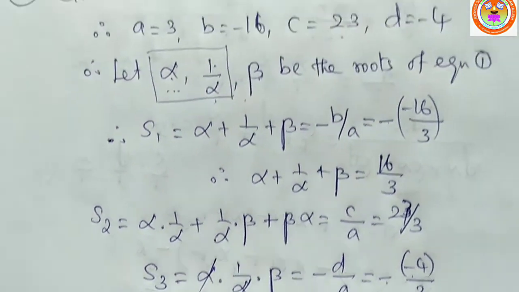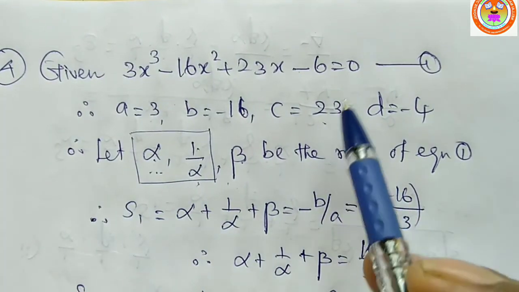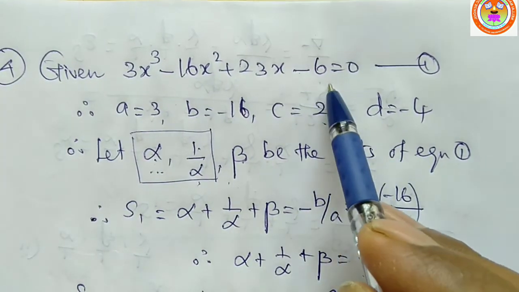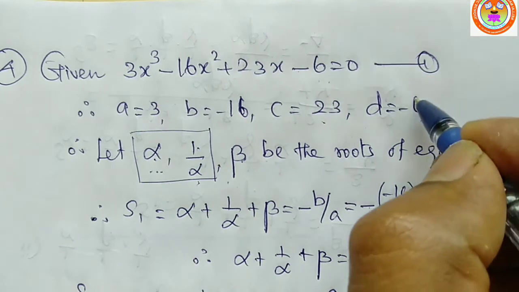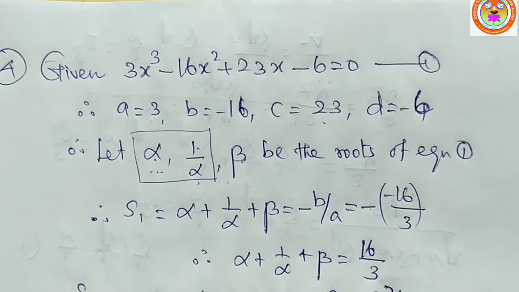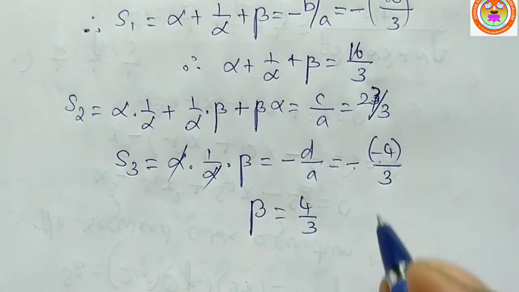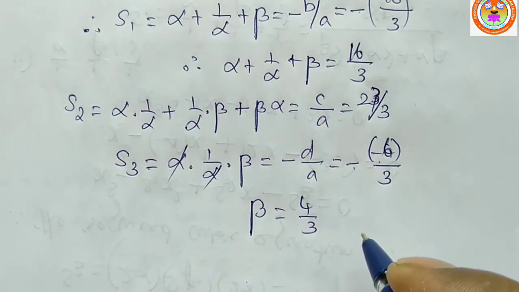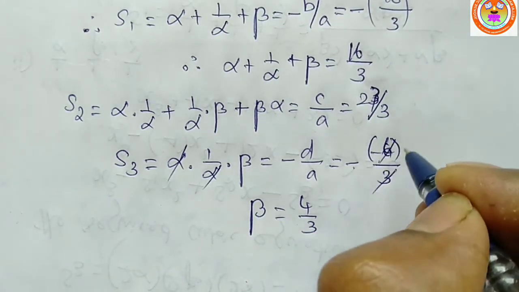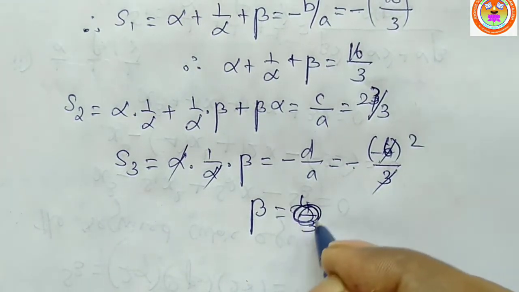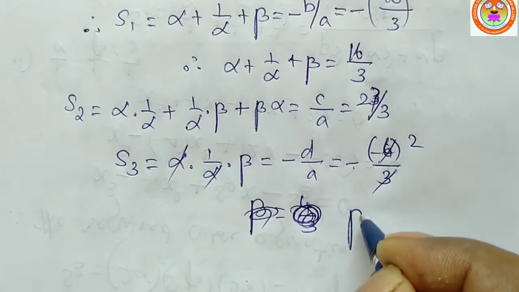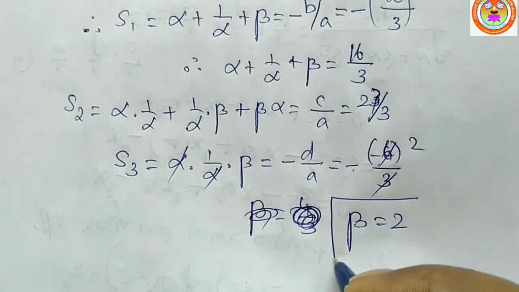Sorry, the value of d. What is the value of d? See, d is the constant term, right? That is minus 6. So minus d by a is 6 by 3. 3 and 6 cancel, remaining 2. So the beta value is 2.